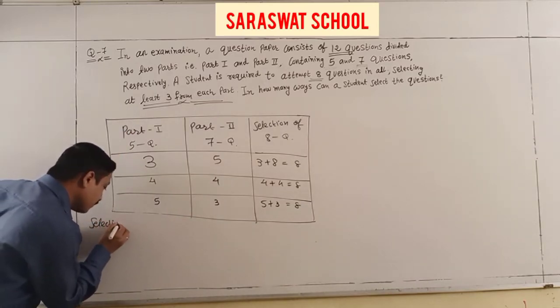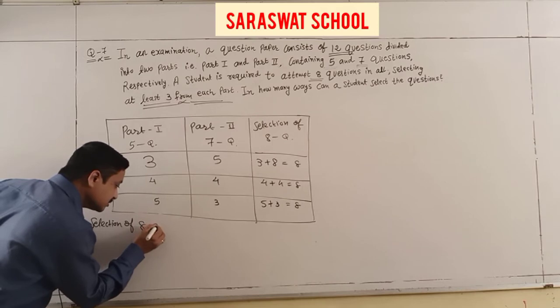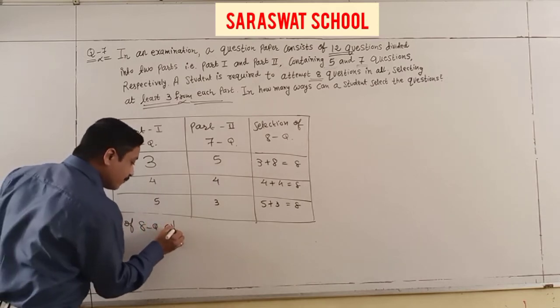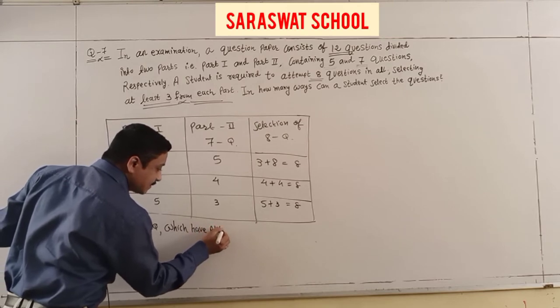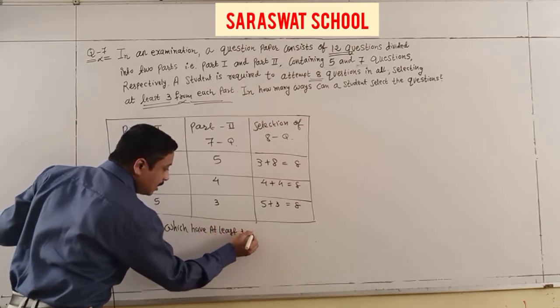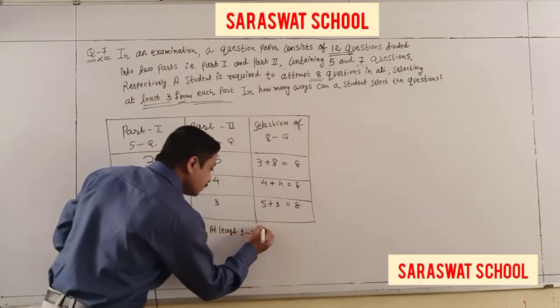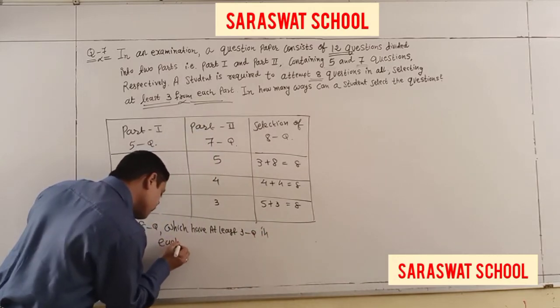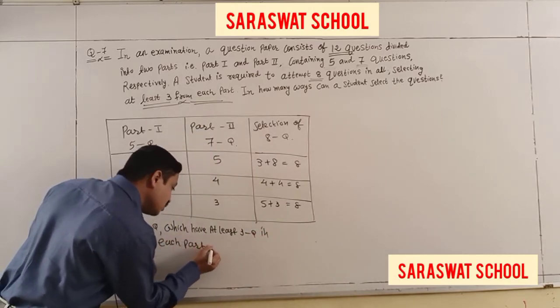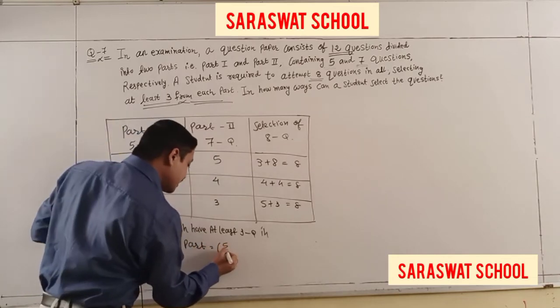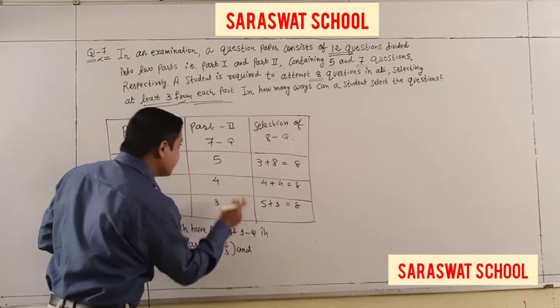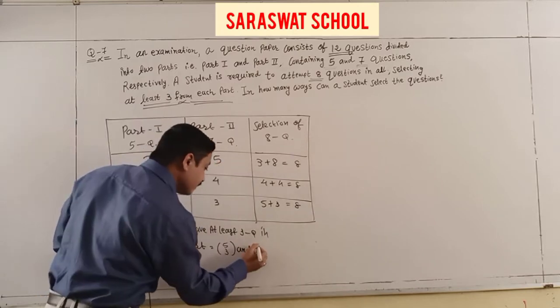So my selection of 8 questions which have at least 3 questions in each part is very easily decided. Here 5 choose 3, and here 7 choose 5.